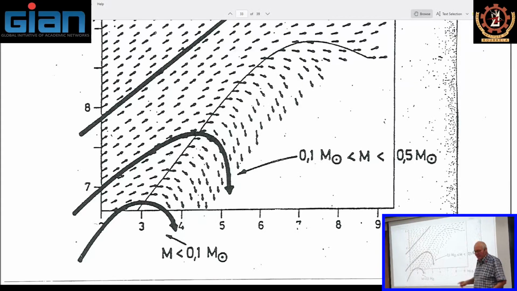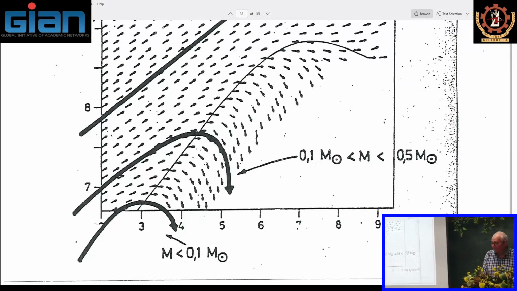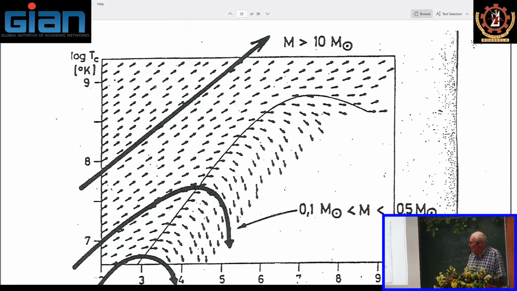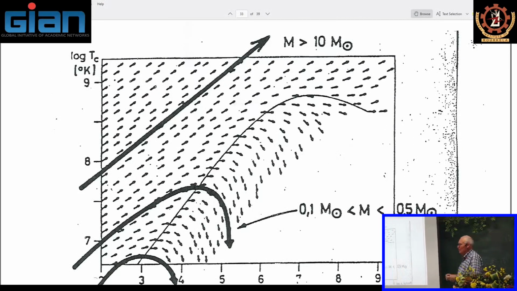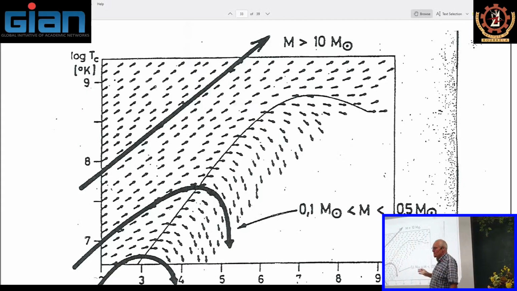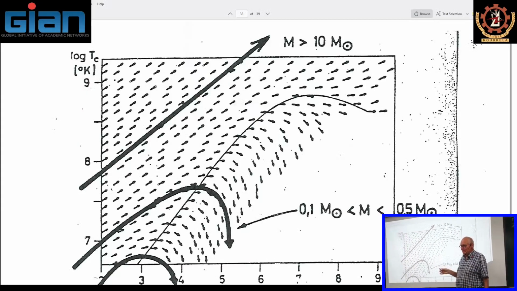Well, for very massive stars, here we have a 10 solar mass star, this either does not reach degeneracy, or it reaches degeneracy after silicon burning. In any case, it will reach degeneracy once it has undergone silicon burning, because this is the last burning stage.